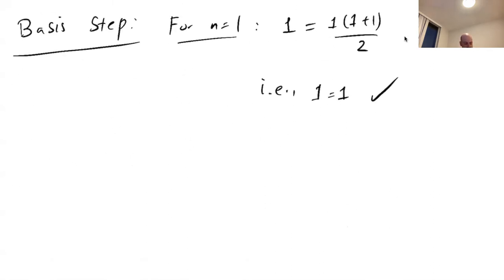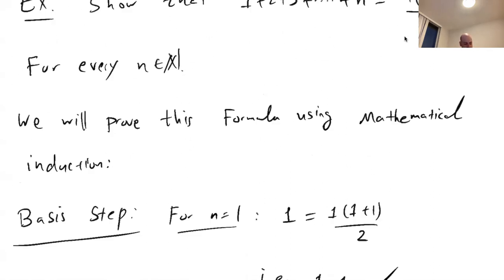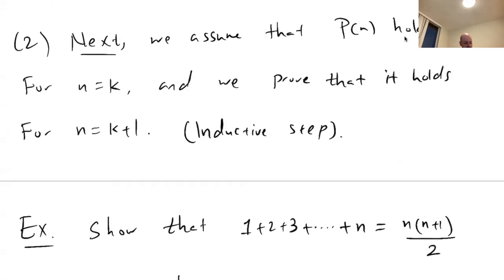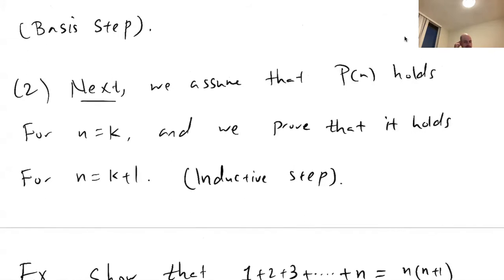What about the next step, which is called the inductive step? In the inductive step, as we explained, we have to assume that the statement holds for n equals k. That will be my assumption. And I will show that it will be true for n equals k plus 1.